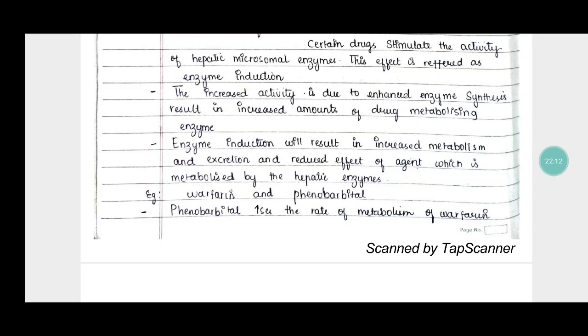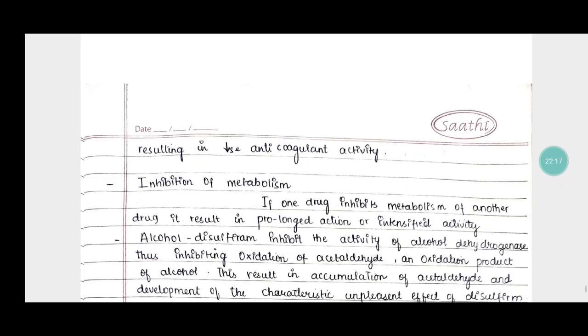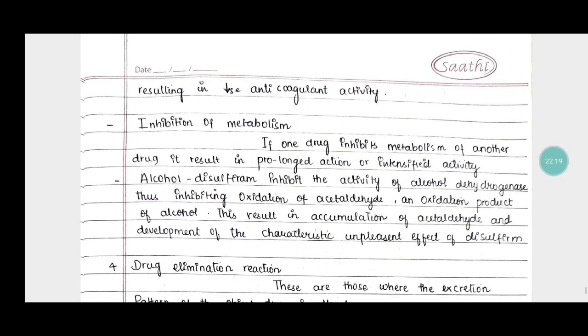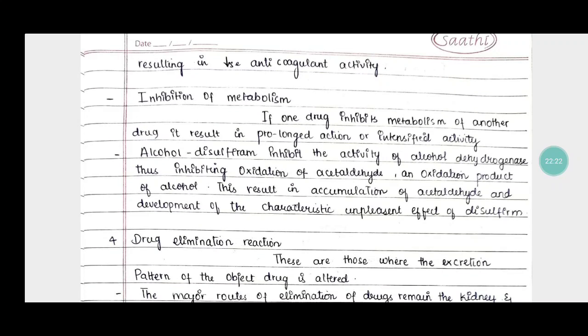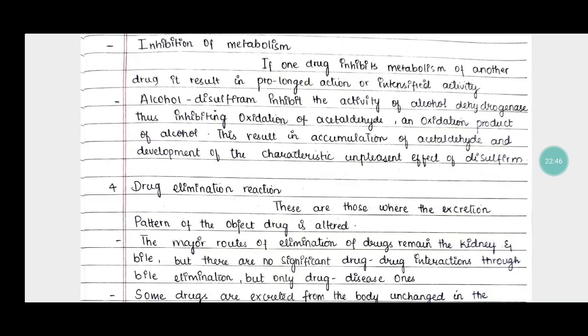Phenobarbital increases the rate of metabolism of warfarin, resulting in a decrease of anticoagulant activity. In inhibition of metabolism, disulfiram inhibits the activity of alcohol dehydrogenase, thus inhibiting the oxidation of acetaldehyde, an oxidation product of alcohol. This results in accumulation of acetaldehyde and development of the characteristic unpleasant effect of disulfiram.